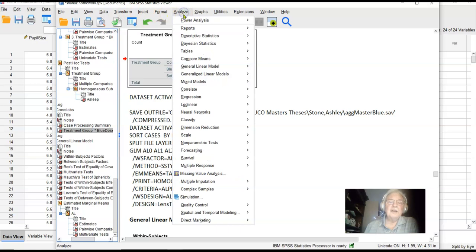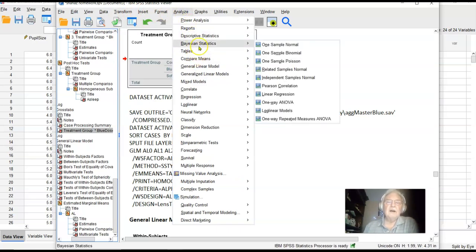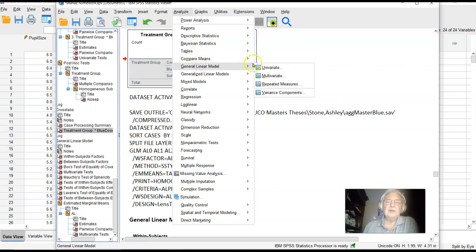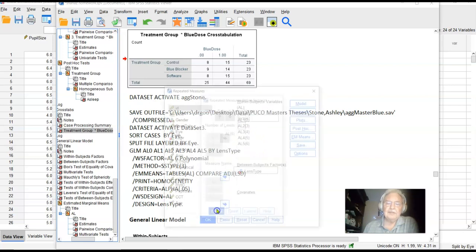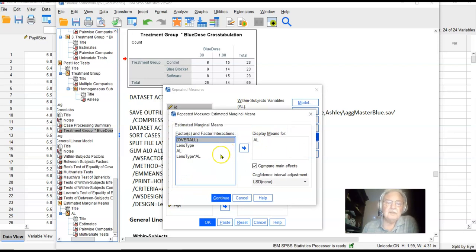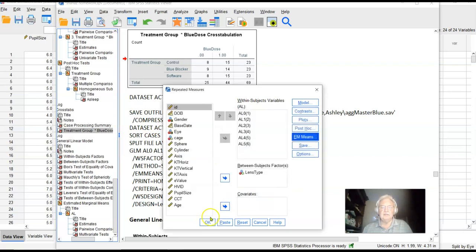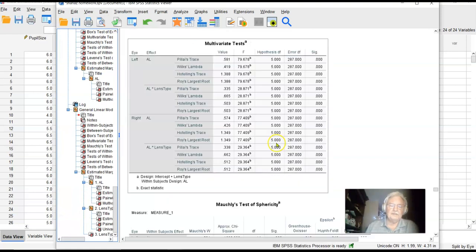Let's go analyze general linear models, repeated. It's got it, it remembers it, thank you. EM means. No, I didn't put them in. Okay, let's see what that gives us.